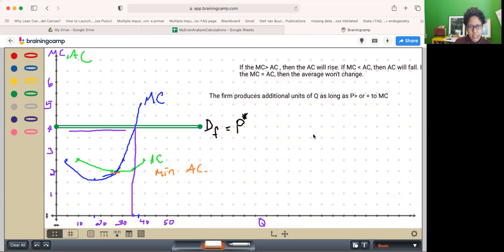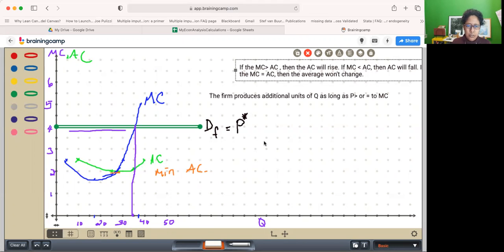Okay, I'm going to make a qualification here now. In our kind of analysis, as you can see from our statement up here, if marginal cost is greater than average cost, average cost is going to be dragged up. If marginal cost is below average cost, then average cost will fall. If marginal cost is equal to average cost, it won't change.